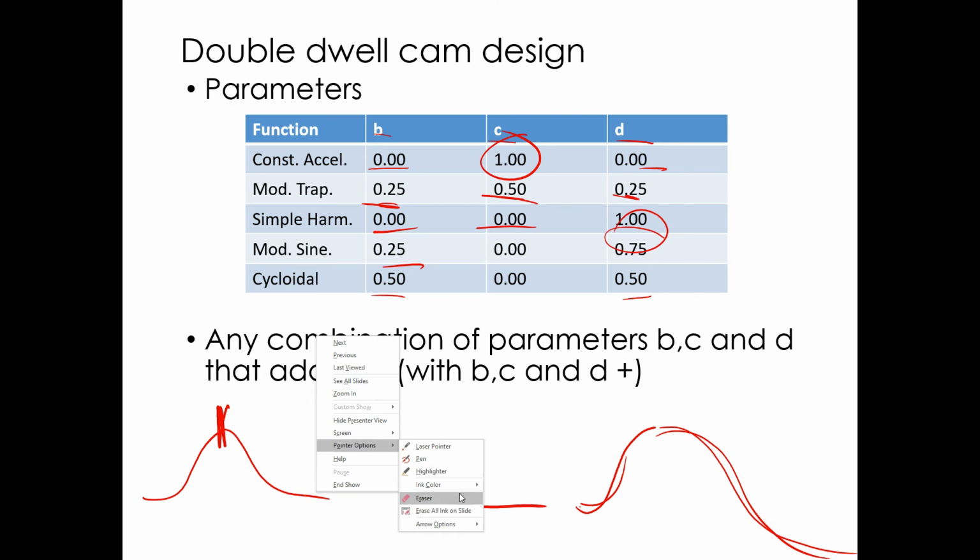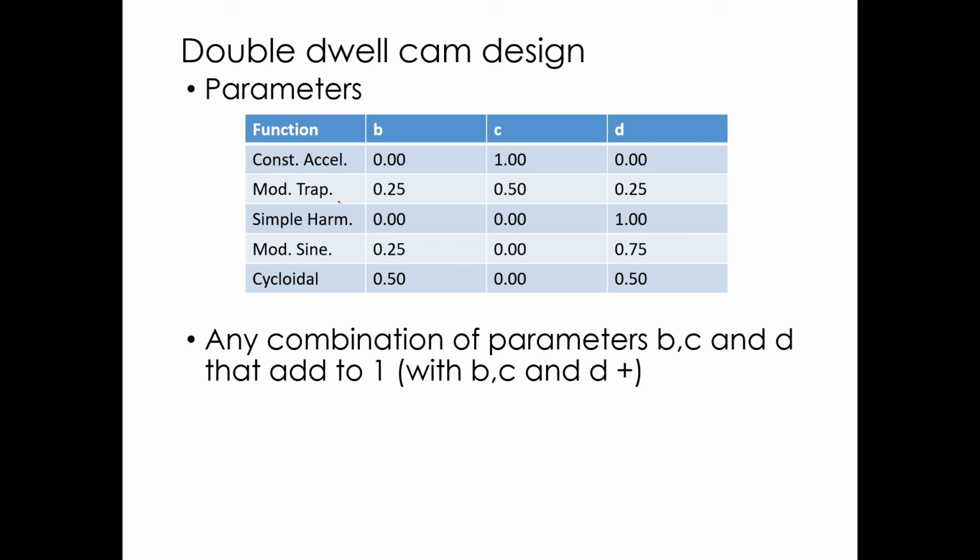So let's say I start with mod trap, but for some reason I want to make it look a little more sinusoidal, have a little bit smoother transitions. I can blend between, so see, this is 0.5, this is 0.25, so I can lower this and increase this, and it starts to look a little bit more like modified sine.